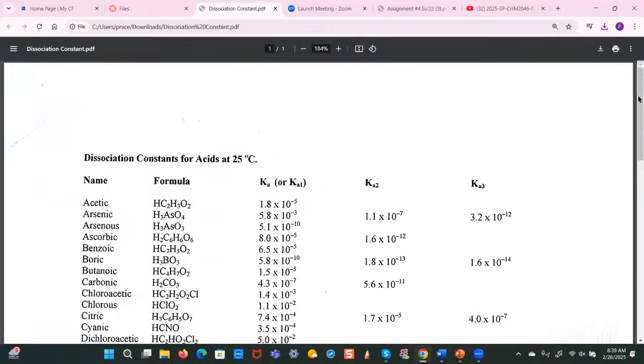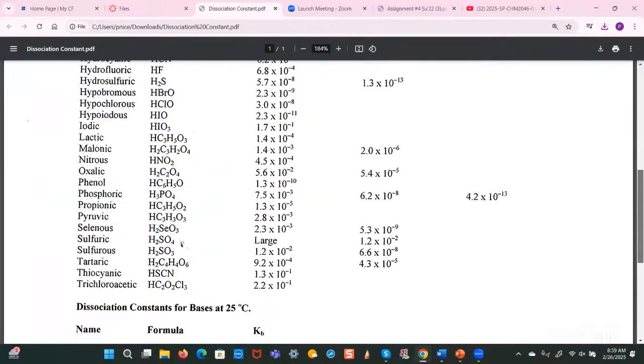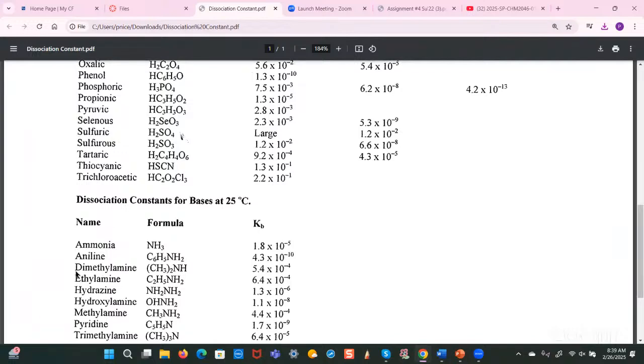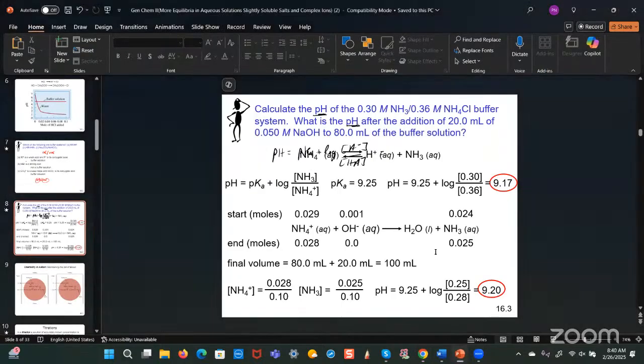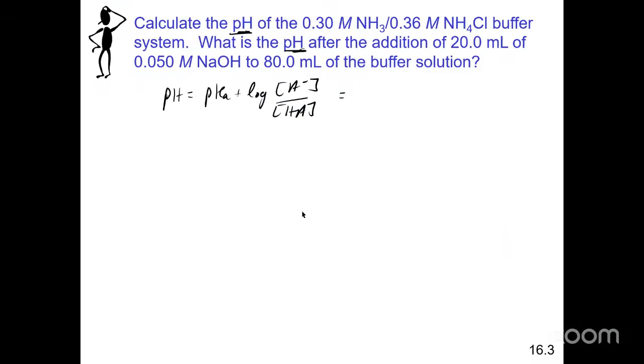And what I will look for is, they don't give you the Ka for the ammonium, but they gave you the Kb for ammonia. So that's 1.8 times 10 to the minus 5. So going back to this, I'm going to say that Ka is equal to 1.8 times 10 to the minus 5. So we're going to use that value here for pKa.